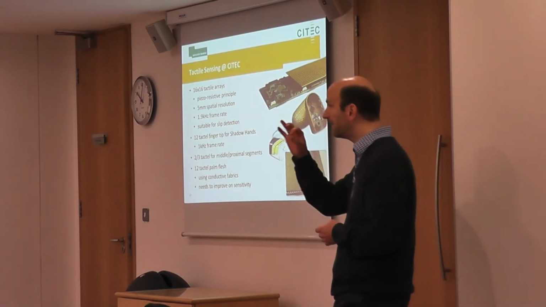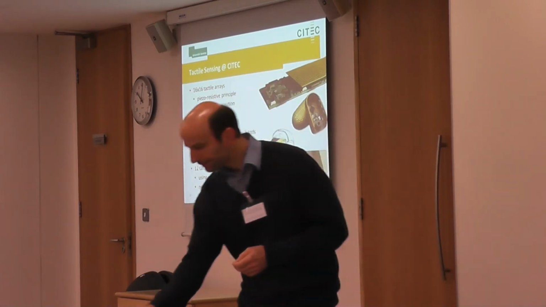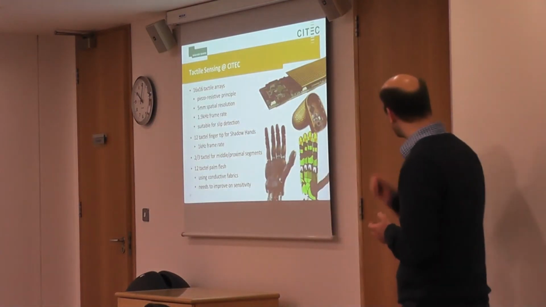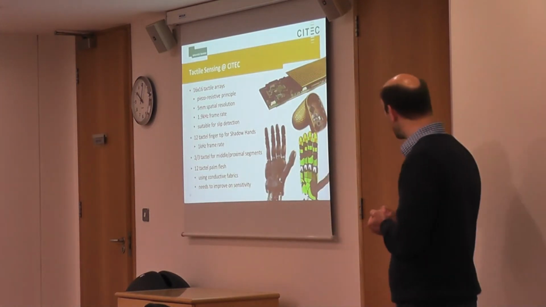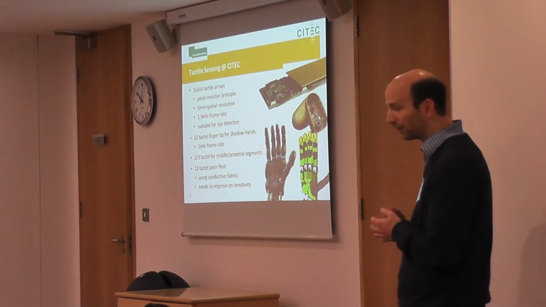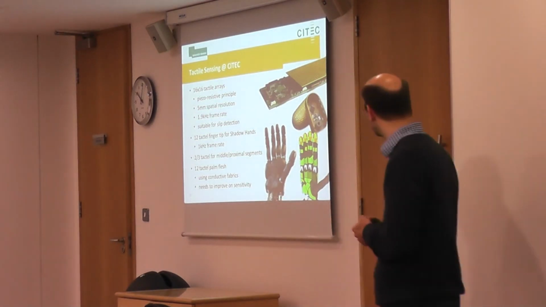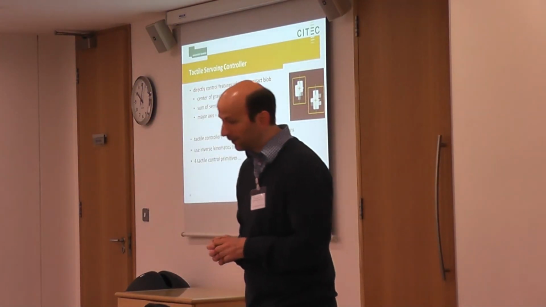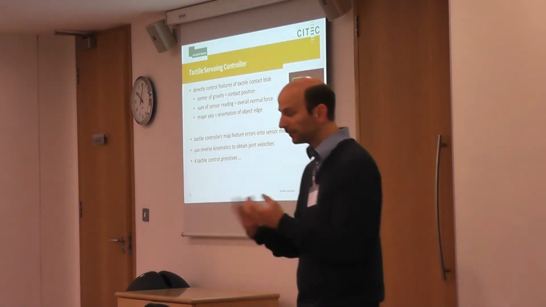So we have a very thin and flexible tactile sensor available. And you see that here on the Shadow hand, with all these sensor patches mounted flush. And on the right-hand side, you see all the tactile sensors available now for control. So you can use tactile information for control.